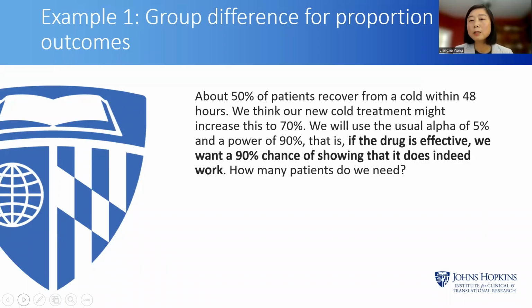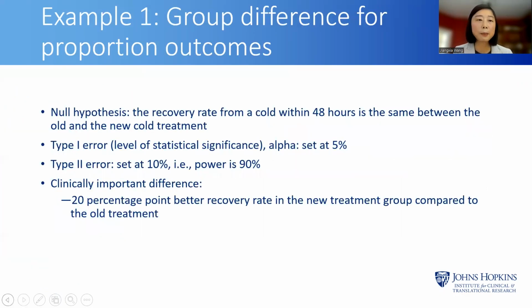With this new cold treatment, this recovery rate may increase to 70%. We will use the usual alpha of 5% and a power of 90%. That is, if the drug is effective, we want a 90% chance of showing that it does indeed work. So how many patients do we need to achieve this 90% power?